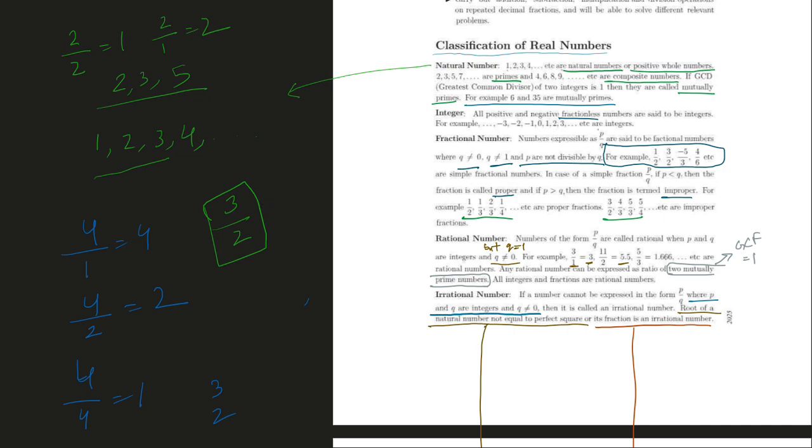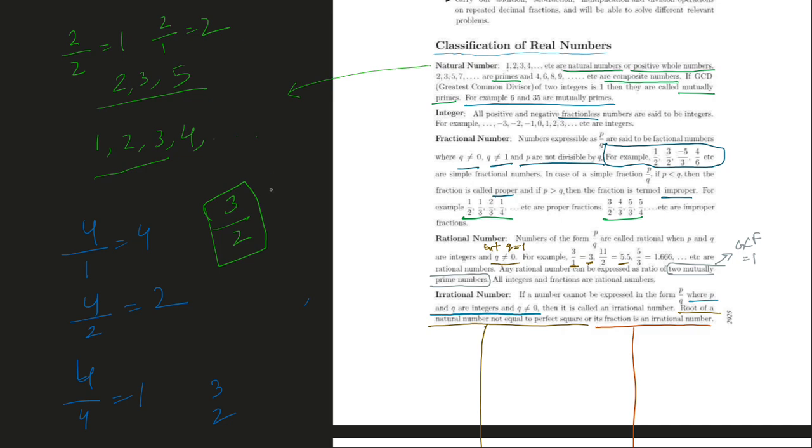Here they used p by q to define a fraction number where q won't be equal to 0 or 1, and p won't be divisible by q.